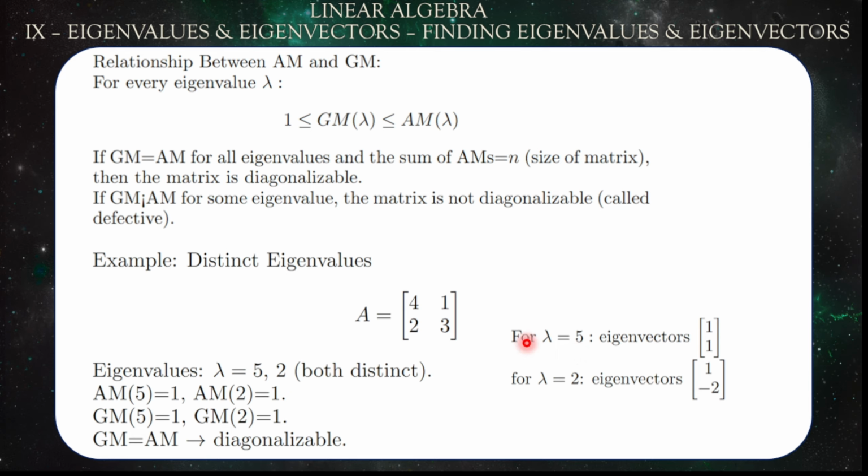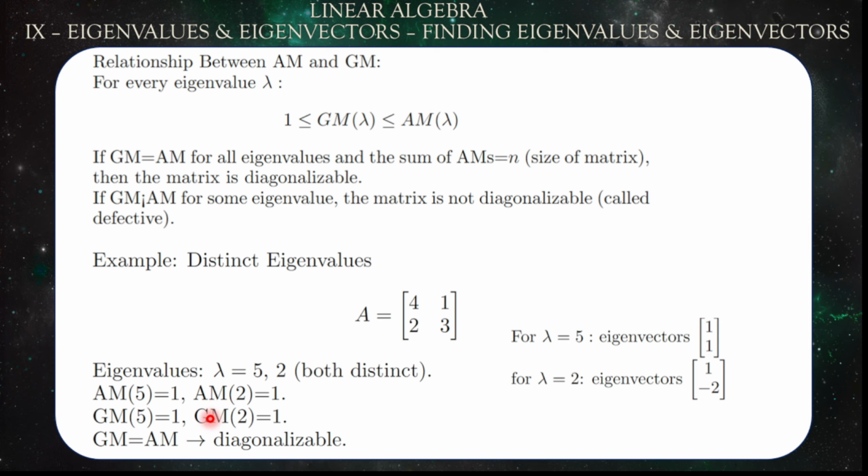You only have one lambda equal 5 and one lambda equal 2. Hence, the algebraic multiplicity of both 5 and 2 is only 1. Like you don't have, for example, lambda minus 3 squared, in which case lambda equals 3 occurs twice. Here you have no double roots, so AM of 5 is 1 and AM of 2 is 1.